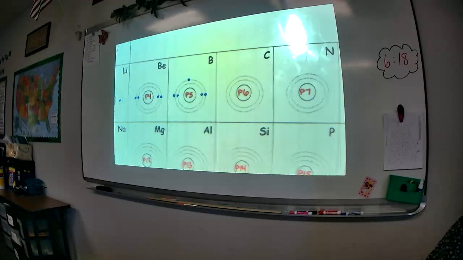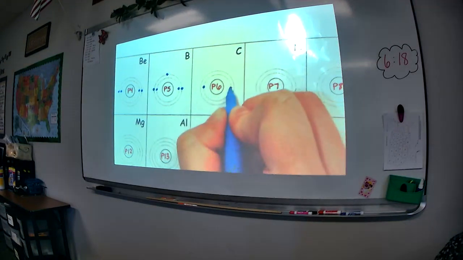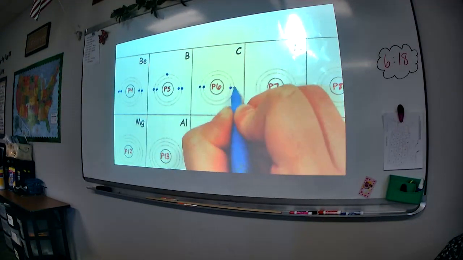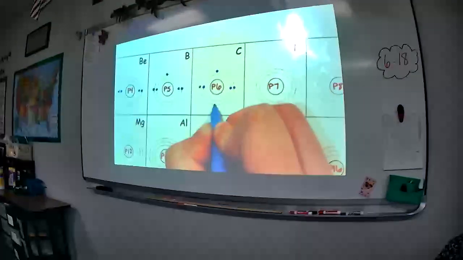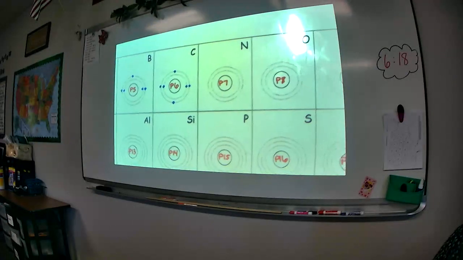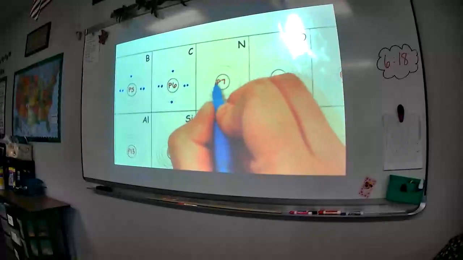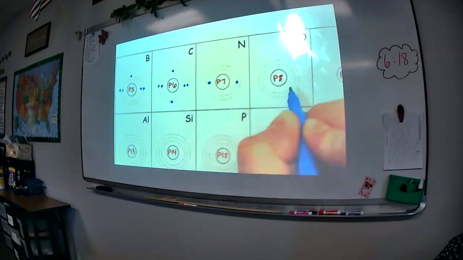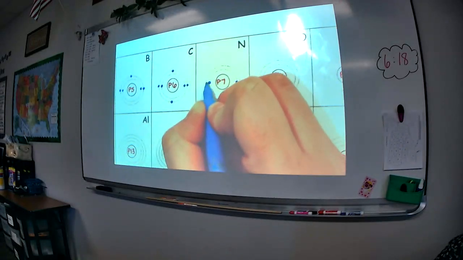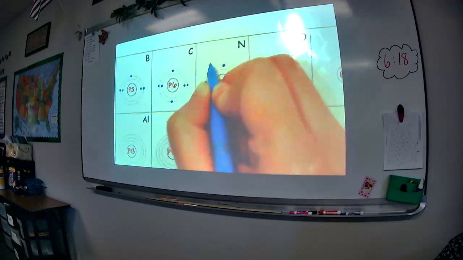So here's carbon. We need 6 electrons. So 1, 2, 3, 4, 5, 6. I'm going to keep going, but if you're still catching up, that's fine. Nitrogen needs 7 electrons. So I have 1, 2 in the first, then 3, 4, 5, 6, 7.